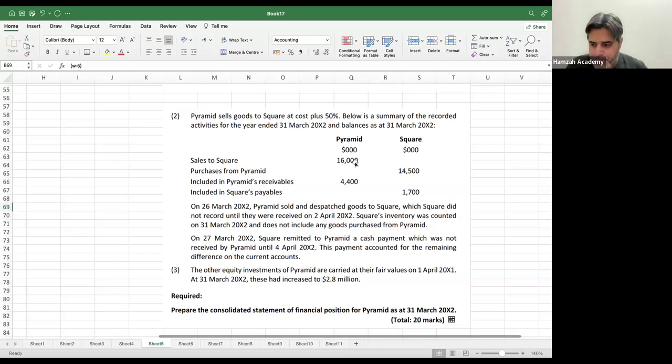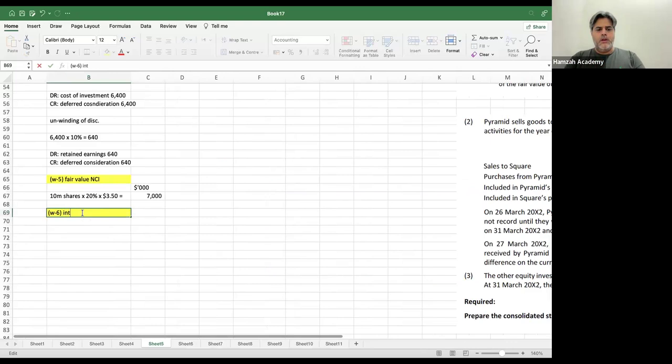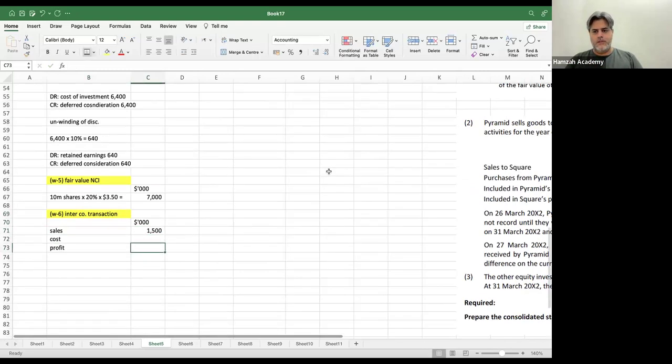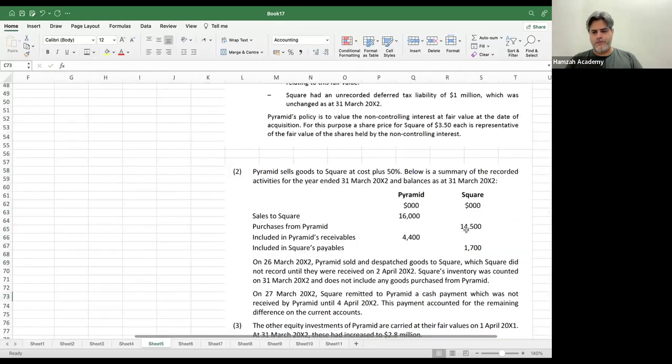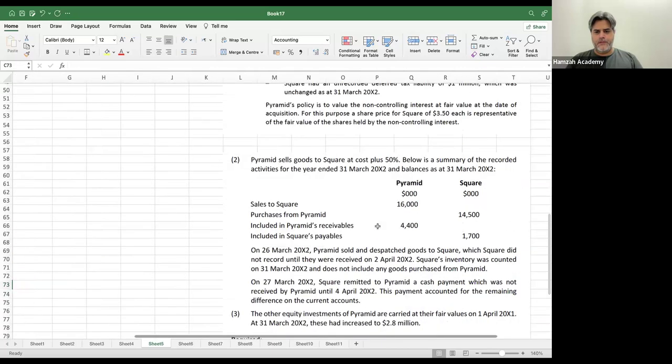Okay. Now, we have the difference between the two at 1,500. Intercompany transaction. Sales, cost, profit. So the difference is 1,500. This 1,500 is the difference between these two, 14,500 and 16,000. And we have cost plus 50%.